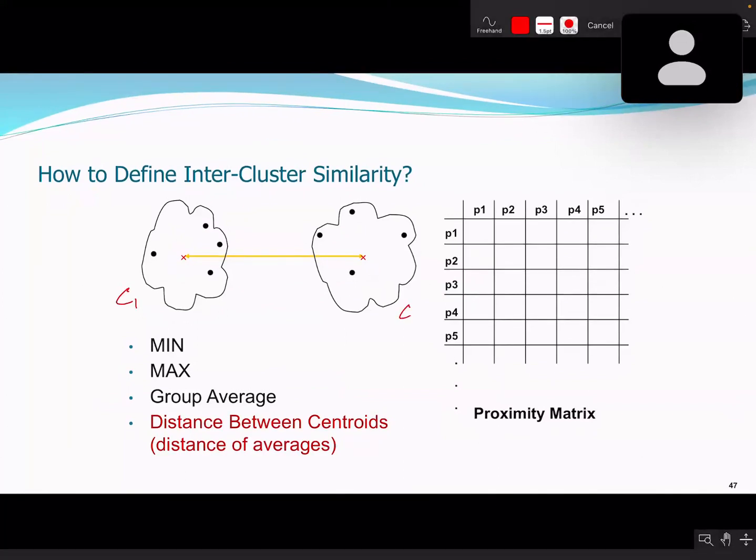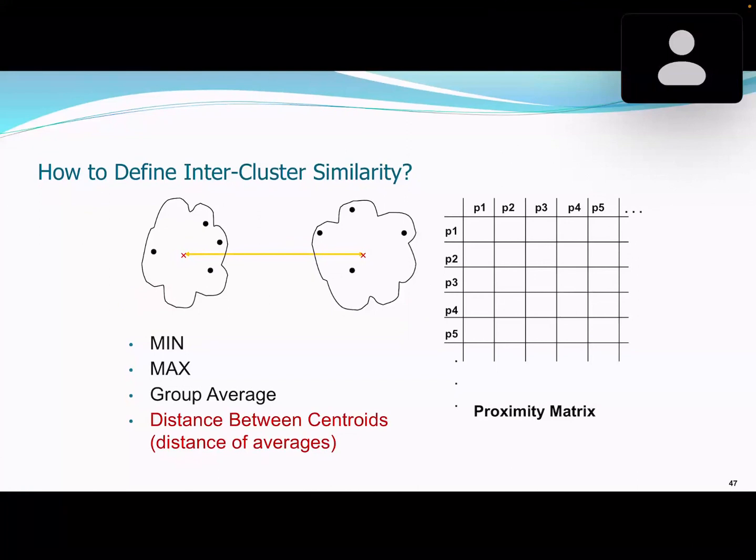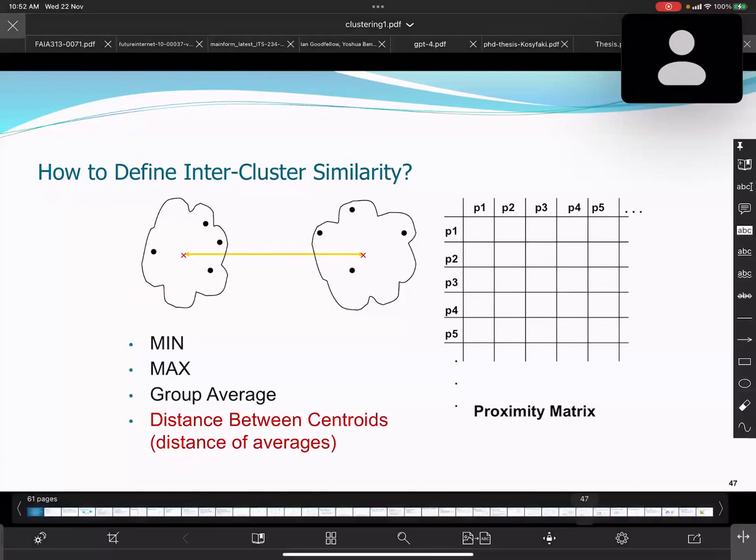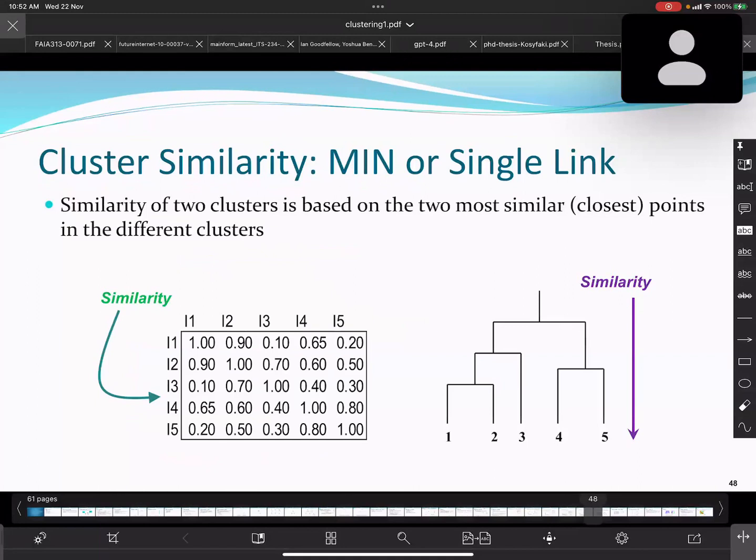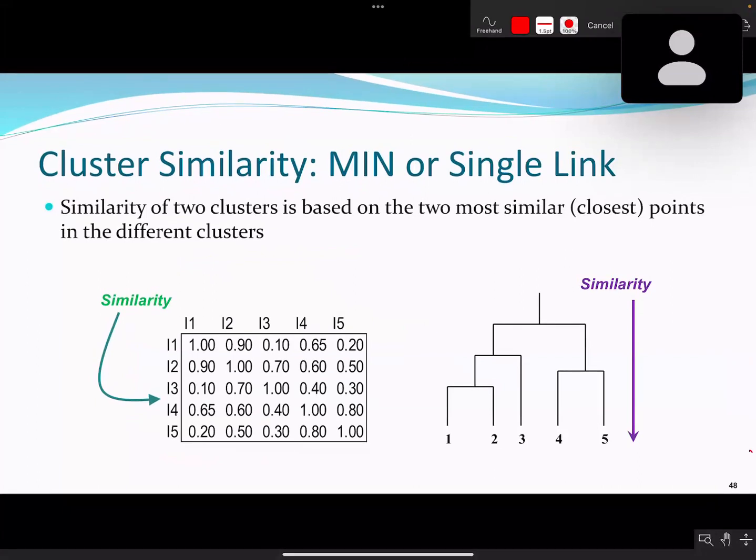For the two clusters, C1 and C2, we first compute the centroid of each cluster, and the distance between these two clusters is measured by the distance between the two centroids. All right, and so these are 4 different ways of measuring the closeness or the proximity of two clusters. So next, what I would like to do is to show you an example to illustrate how we actually build a dendrogram based on the proximity matrix.